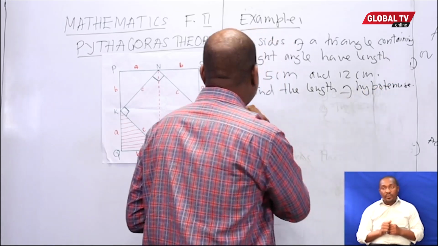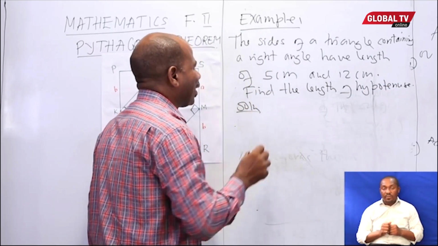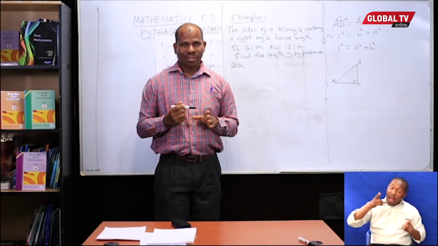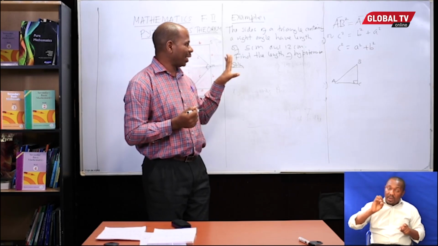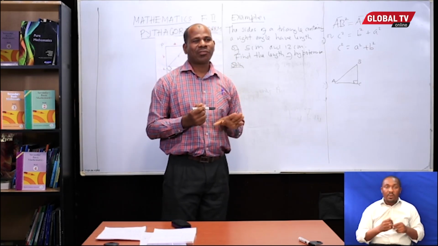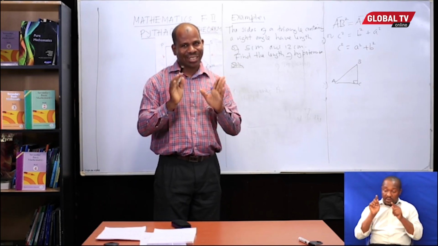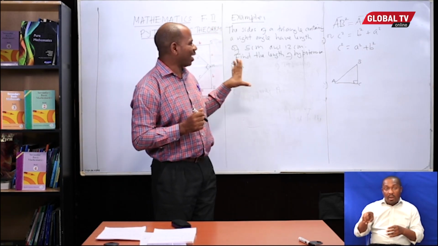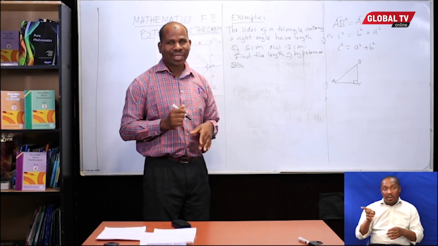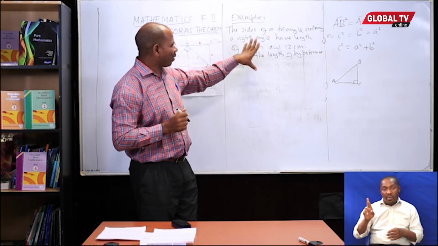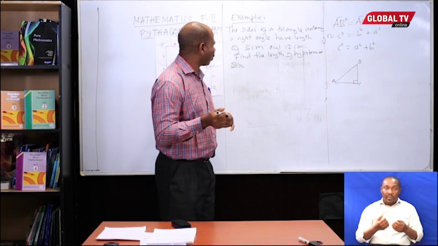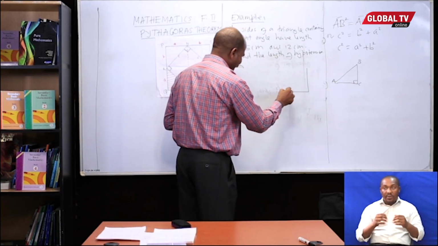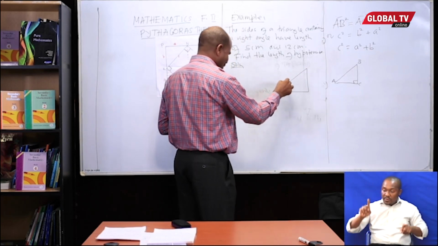So this question reflects the concept of the Pythagoras theorem, and to answer it you have to apply the Pythagoras theorem. It is very important, or advisable, to draw the diagram depending on the information given. So the triangle should be a right angle triangle like this, and the hypotenuse is not given.